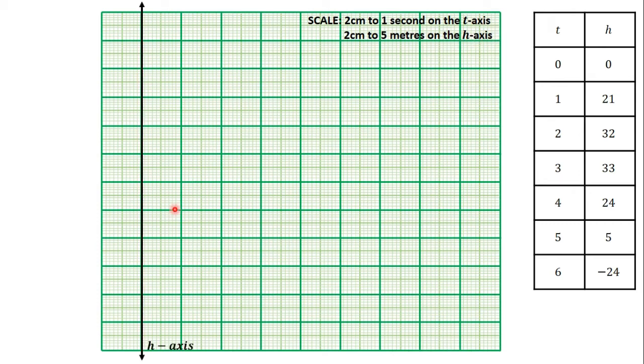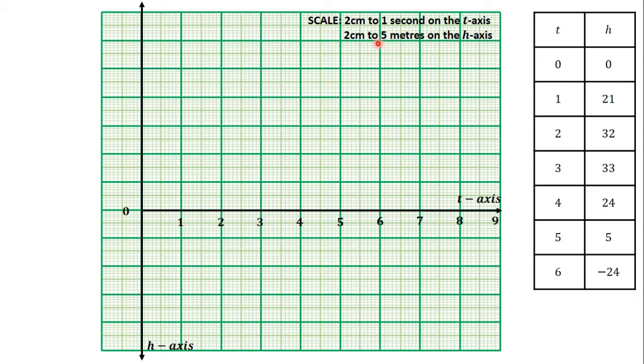Looking at these values, I'm going to choose this vertical major grid line as my h-axis and this horizontal major grid line as my t-axis. They meet at this point, so here will be the origin, which is 0. The scale on the t-axis is 2 centimeters to 1 second, so I'll use that scale to number the t-axis. So I have 1, 2, 3, 4, 5, 6, 7, 8, 9.